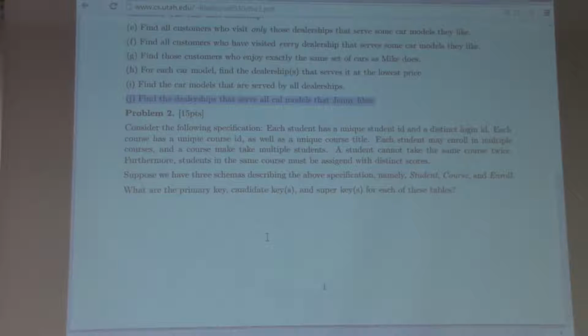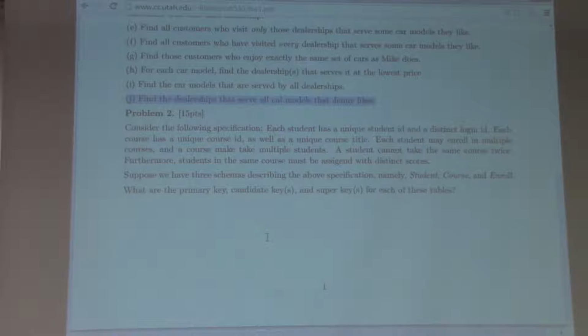A foreign key is one of these keys taken out from this table and placed into another table. Then on the second table, it becomes a foreign key. Does the foreign key have to point to the primary key, or can it point to any? It can point to any key, not necessarily the primary key. But it has to be a key, not a super key. Good question. So that's essentially what is being tested here.